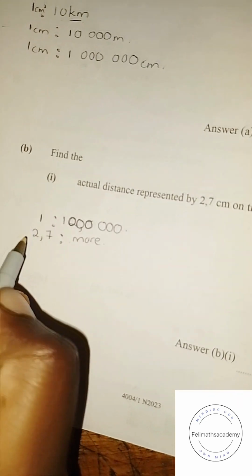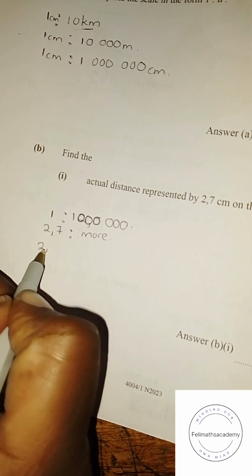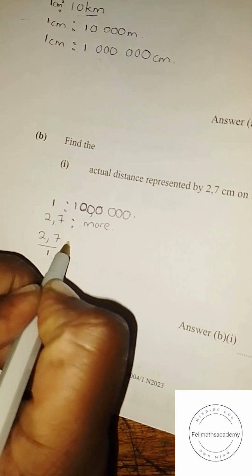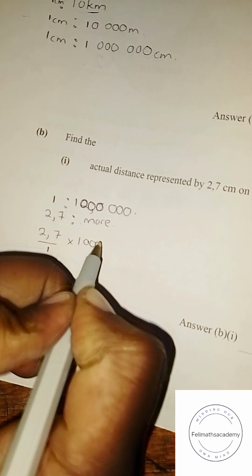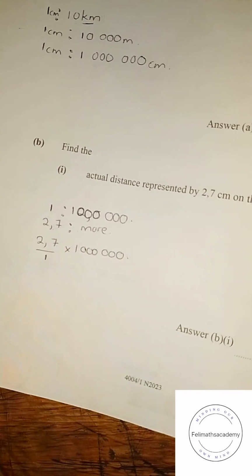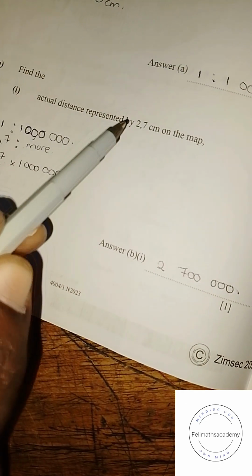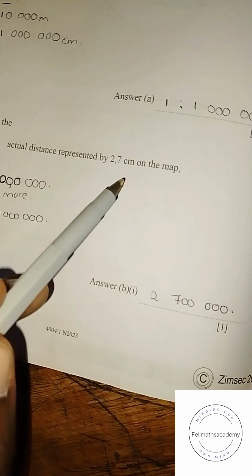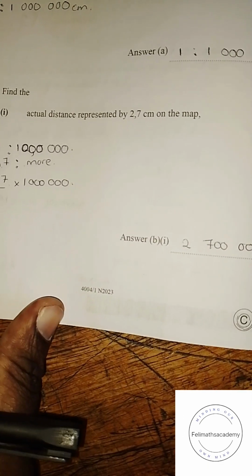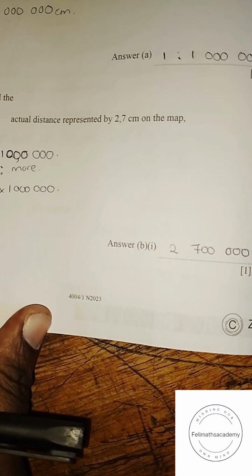So we are going to divide 2,7 over 1 multiplied by 1 million. So 2,7 multiplied by 1 million, we get 2,700,000. So 2,7 centimeters on the map represents 2,700,000 centimeters on actual ground.